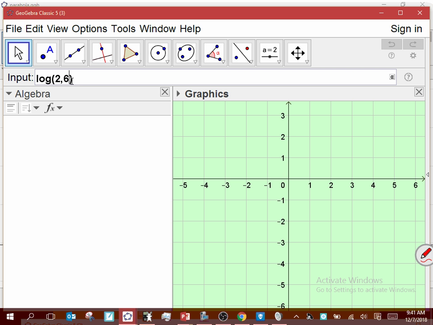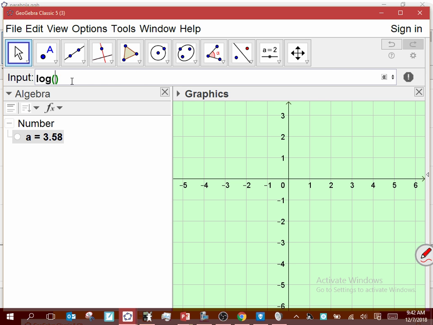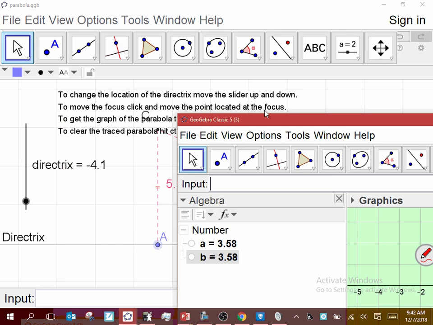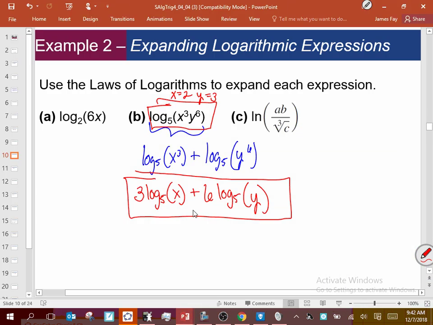We said x was 2. So we got that. And if I go log base 2 of 6 plus log base 2 of 2, we got the same numbers, right? So again, this is going back to that first one there that we expanded.